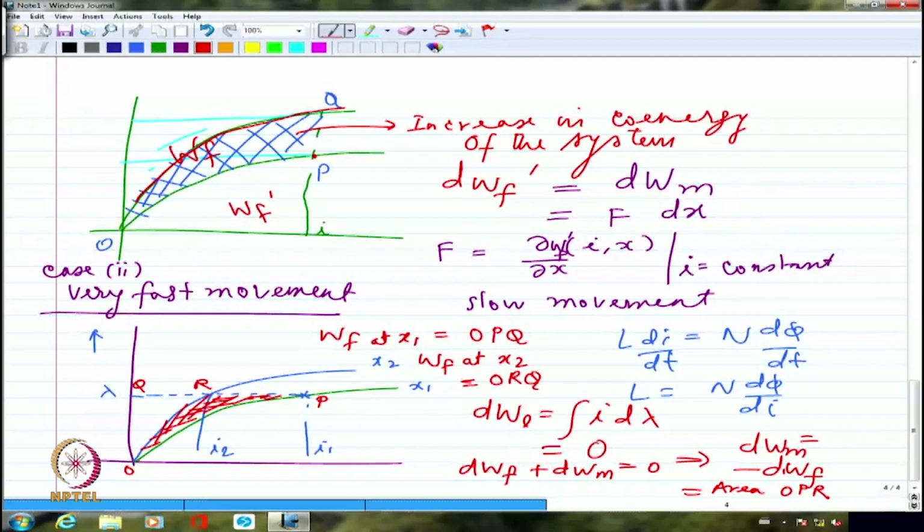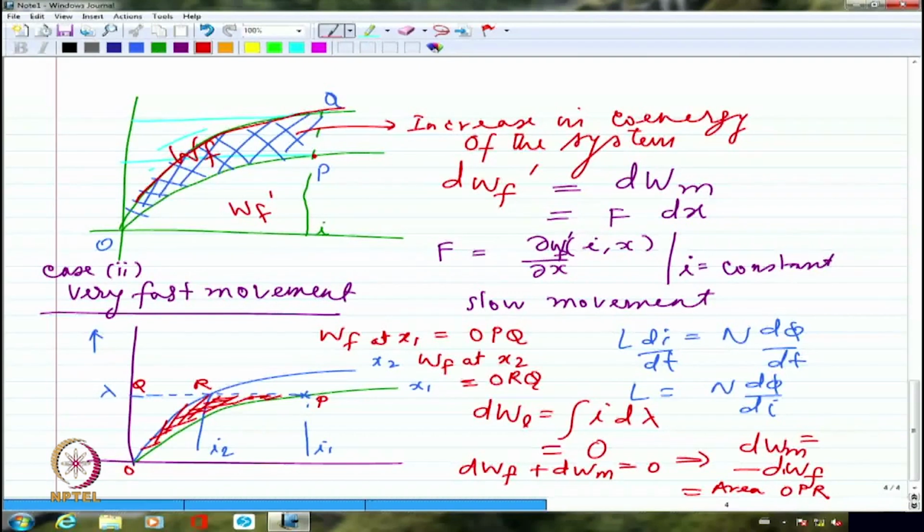So I can say, in a nutshell, if the movement is taking place very slowly, the increase in the co-energy represents the work done. And if the movement is taking place fast, then the reduction in the field energy represents the work done. Right?